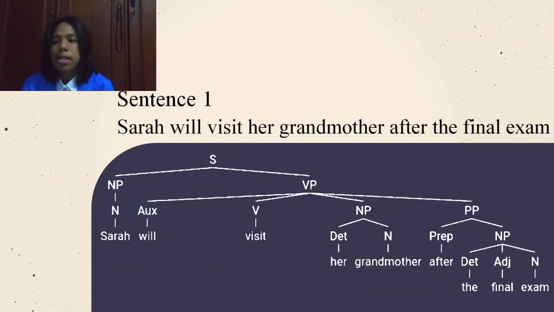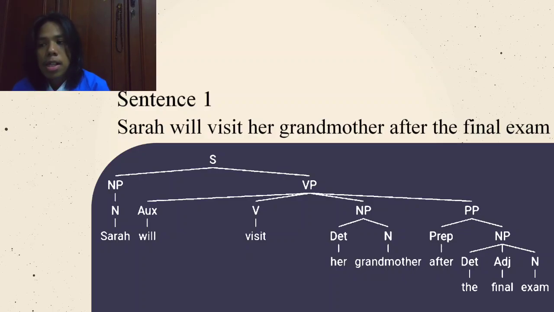So the first sentence is "Sarah will visit her grandmother after the final exam." Here's the noun phrase "Sarah" and the verb phrase "will visit her grandmother after the final exam." The noun phrase only consists of "Sarah," which is a noun.